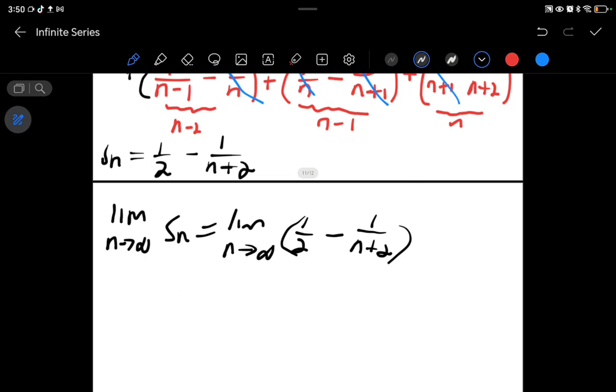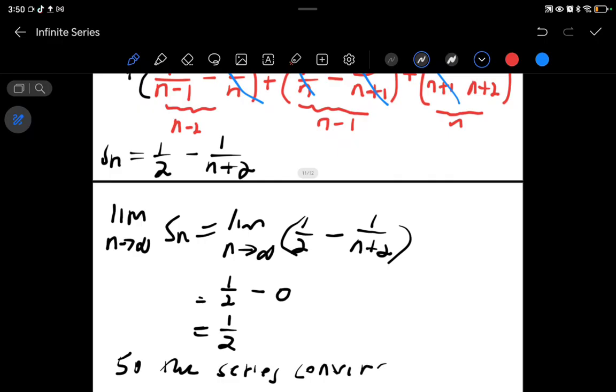And then this will be 1 over 2 minus 0, which is 1 over 2. You see, right? Then we know that the series converges to 1 over 2. You see, right?